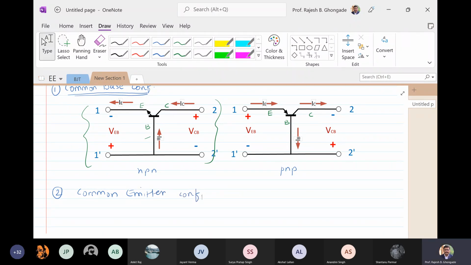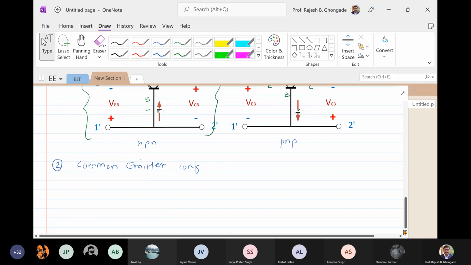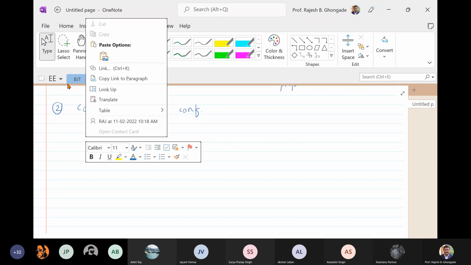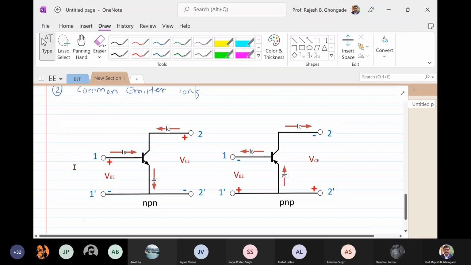So let us see how it looks like. ये आ गया तुम्हारा कॉमन एमिटर, दिखाई दे रहा है? Is it visible?